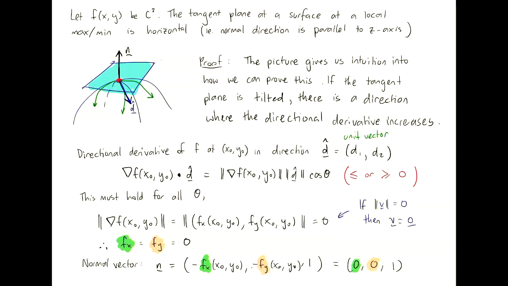So if I have a local maximum or minimum, then I have a tangent plane that is horizontal. We have not necessarily proven it the other way, but this is all we need. Proof, QED. The boxes are very satisfying.